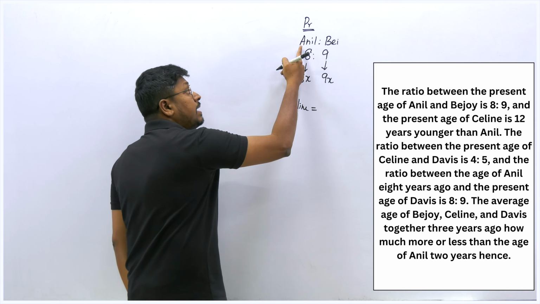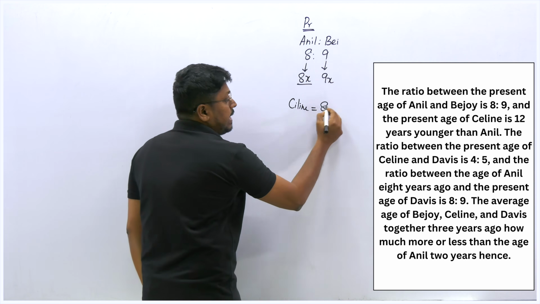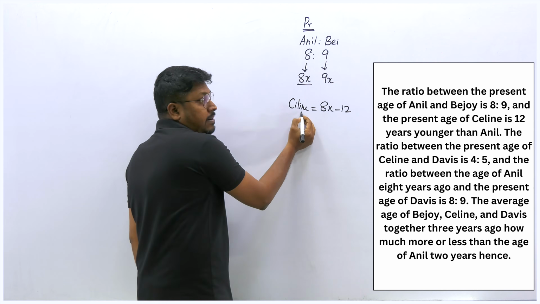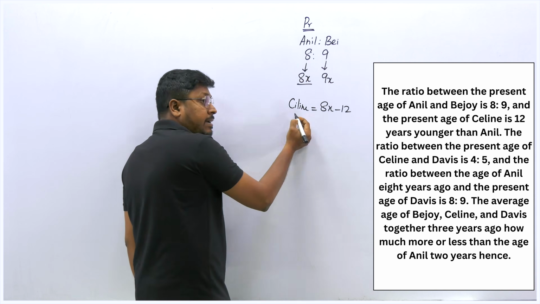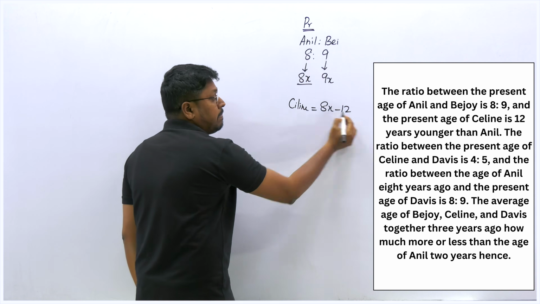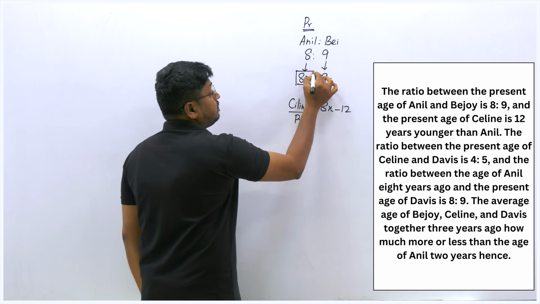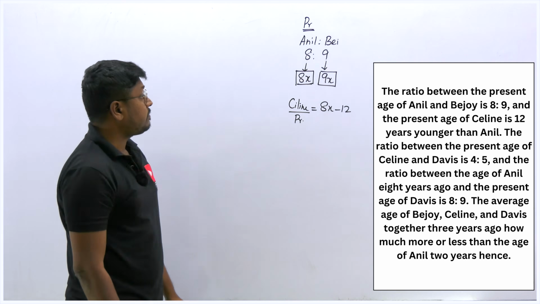We already know that Anil's present age we have considered as 8x, so 8x minus 12. Why minus 12? Because Silan is younger, he is not older. If he is older, we have to add 12. He is younger than Anil, so we have subtracted 12. So this will be the present age of Silan, and this will be the present age of Anil and Bijoy.